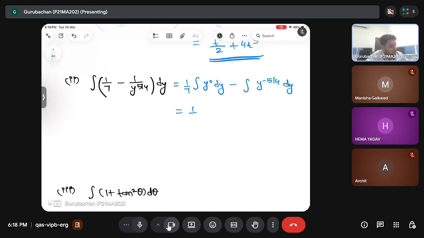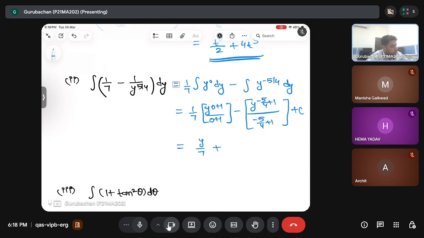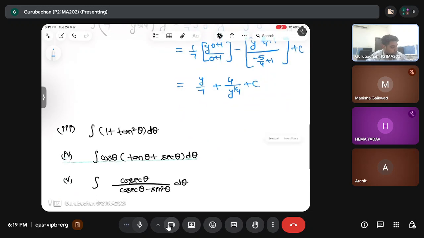So this one will be y to the power 0 plus 1 divided by 0 plus 1, minus, minus 5 by 4 plus 1 divided by minus 5 by 4 plus 1, plus constant. This will give you y by 7 plus 4 divided by y to the power 1 by 4 plus c. Is this your answer, Archit? Yes, sir.